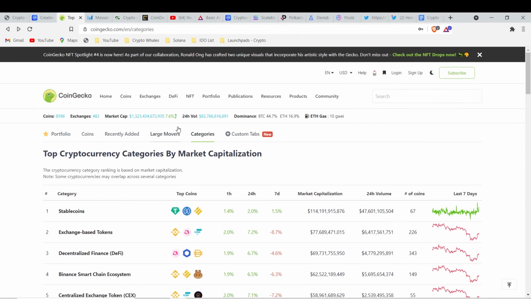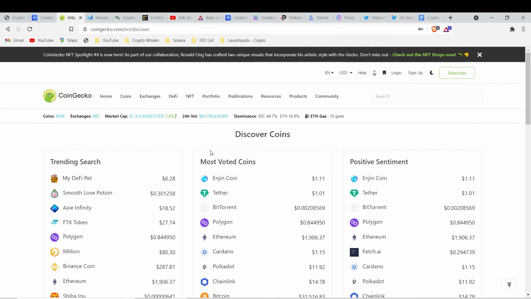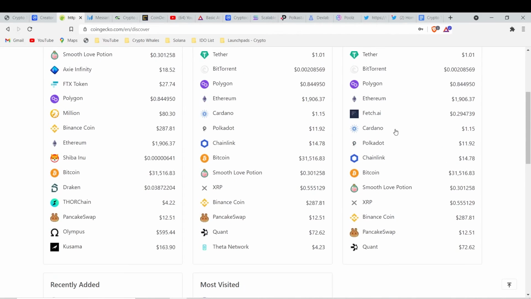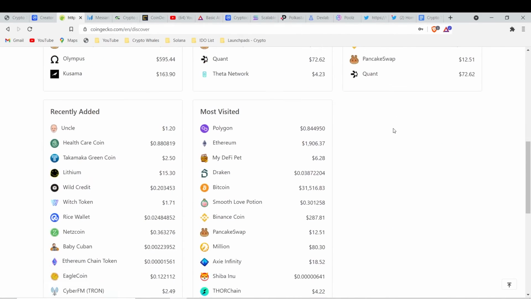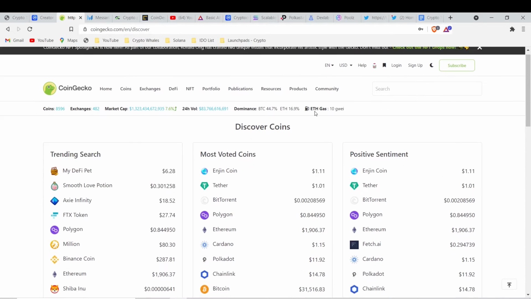Now, next up, I'm going to be covering coins, and we're going to be discovering some coins. In this case, very similar to what we have seen just now, but it also gives you another perspective of some of the trending searches, as well as most voted coins, positive sentiment about the coins, and you can really discover, right, as the name suggests, the different coins and things that you can actually look at.